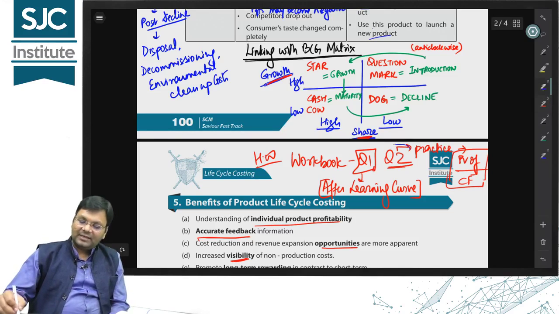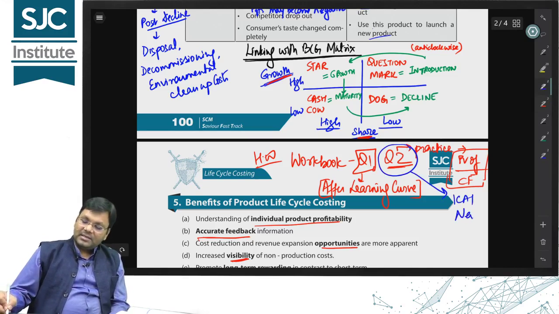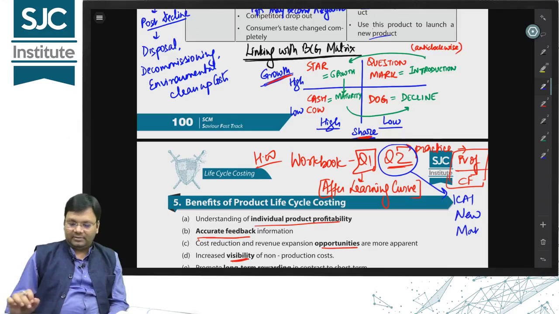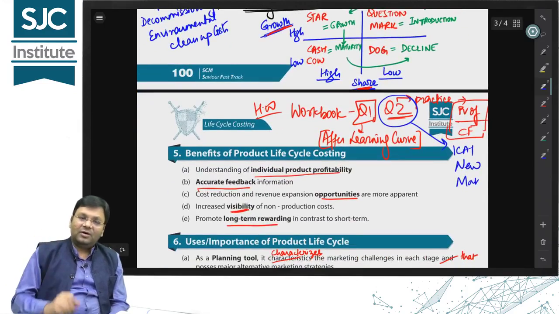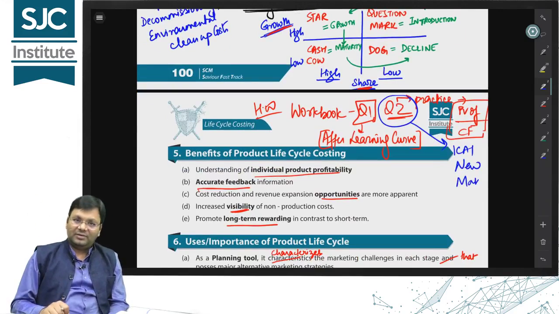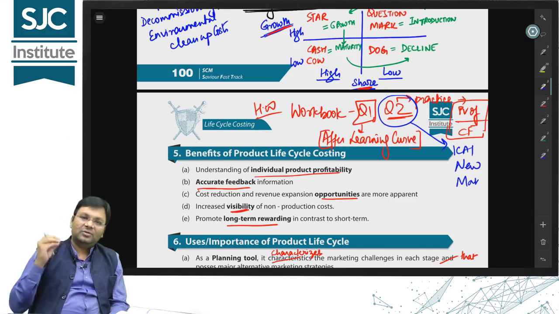Why? Because it has been newly inserted in your ICAI New Mat. It was not there in old mat, but it was there in our workbook from very beginning. So we work on the sources of the question from where ICAI is taking the questions. So that we work upon, and we keep taking those questions in our workbook.